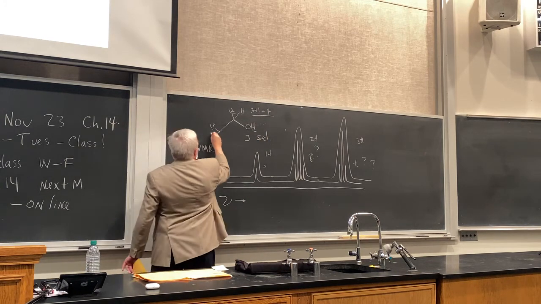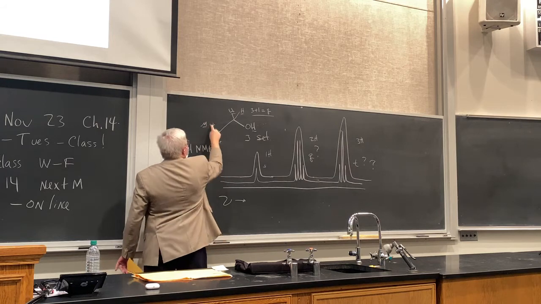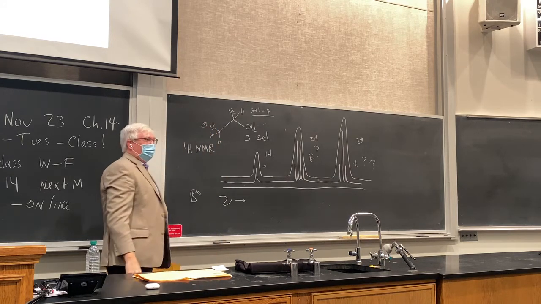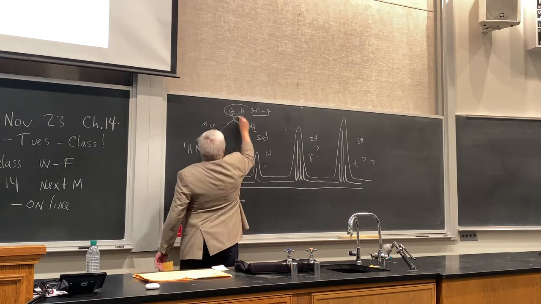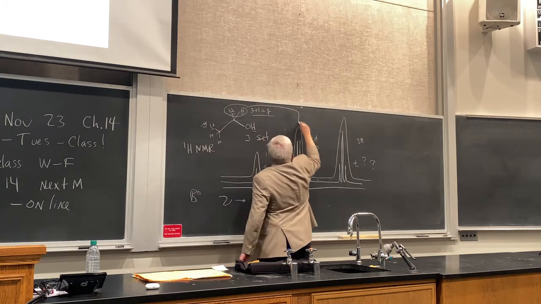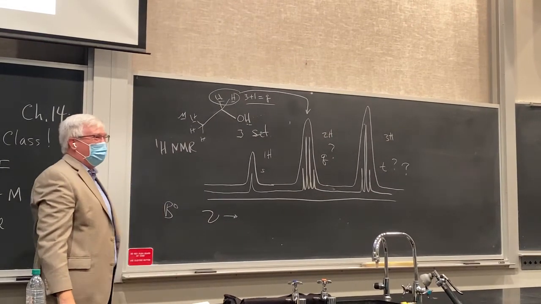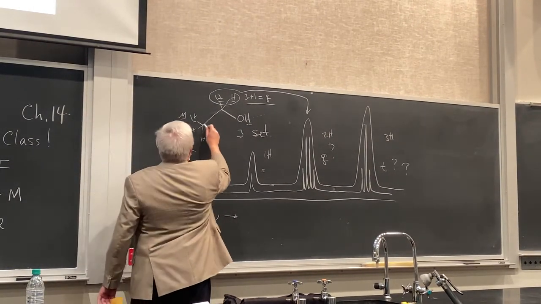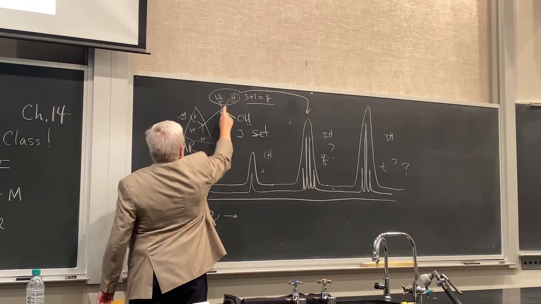Each one of these little neighbors has its own little mini magnet, okay? Each one of these is its own little magnet. We'll have to get into that and see how that works. But when we observe these here, it shows up as a quartet, okay? Because of the 3 neighbors. And what about here? If we observe these 3 here, how many neighbors do they have? They have 2.